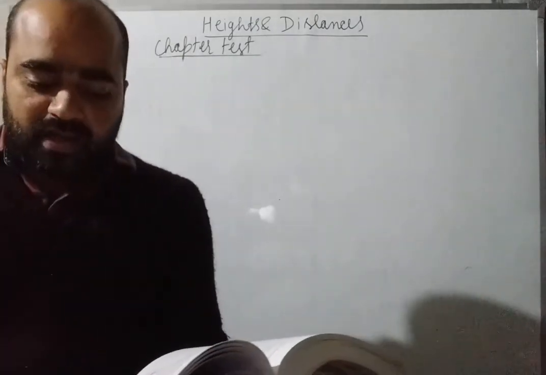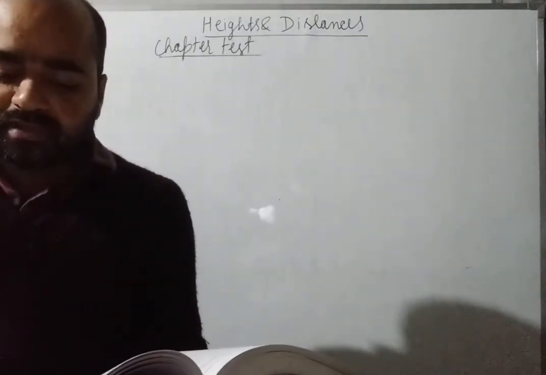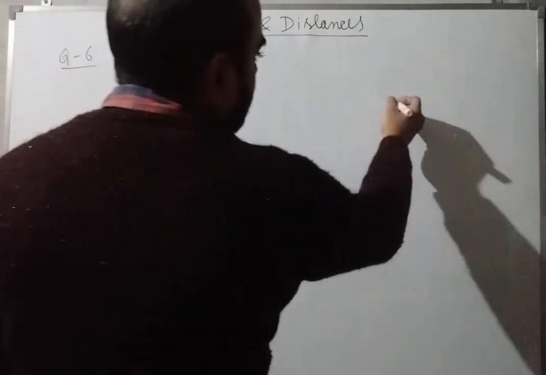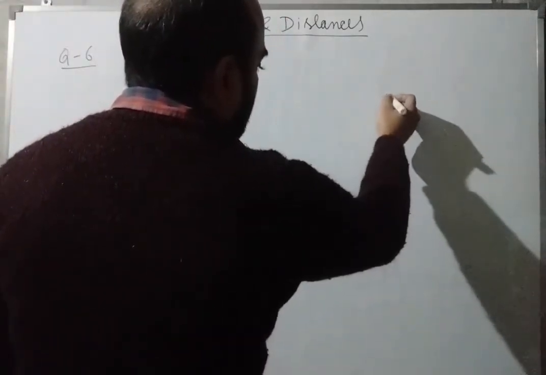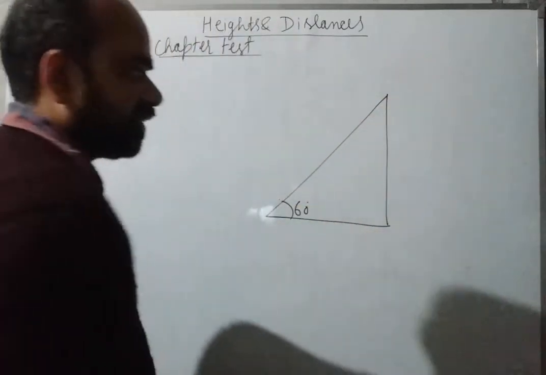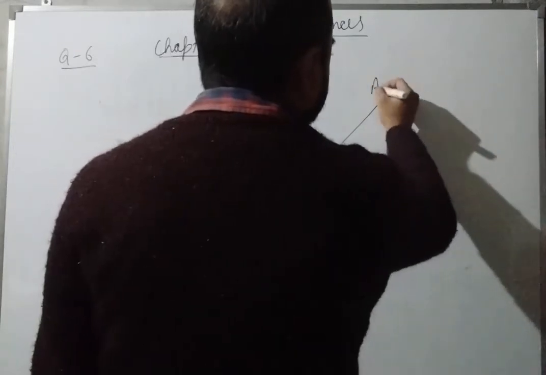An aeroplane flying horizontally 1 kilometer above the ground is observed at an elevation of 60 degree. Okay, one aeroplane is there, observed at an angle of elevation of 60 degree. Here aeroplane is there.